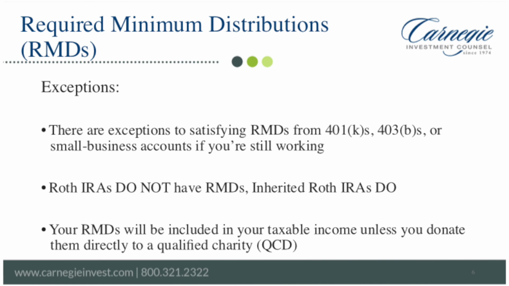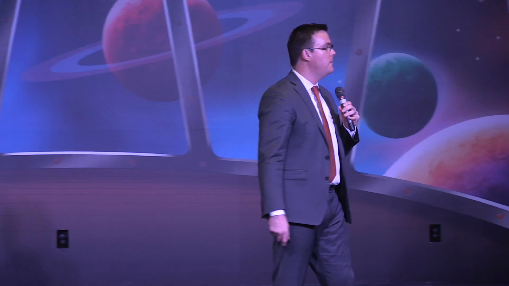If my father has an IRA and he passes away and I'm the beneficiary of that IRA, and I decide to open an inherited IRA because I was listed as the beneficiary, I am required to satisfy a minimum distribution from that inherited retirement account. Even if it's an inherited traditional IRA or even an inherited Roth IRA, those inherited retirement accounts do have minimum distributions that need to be satisfied.